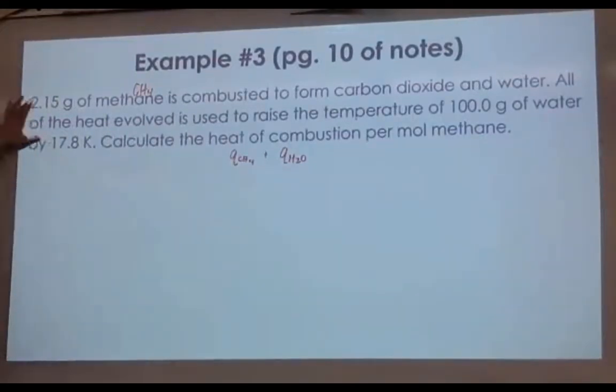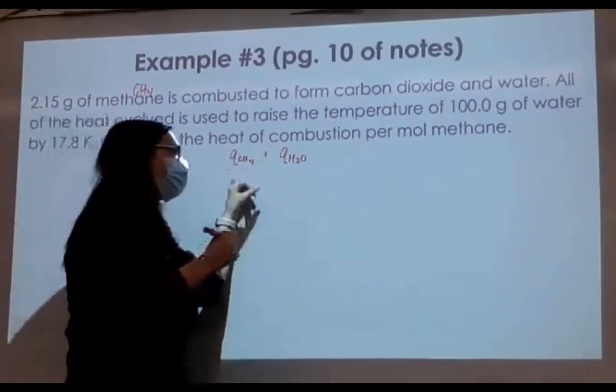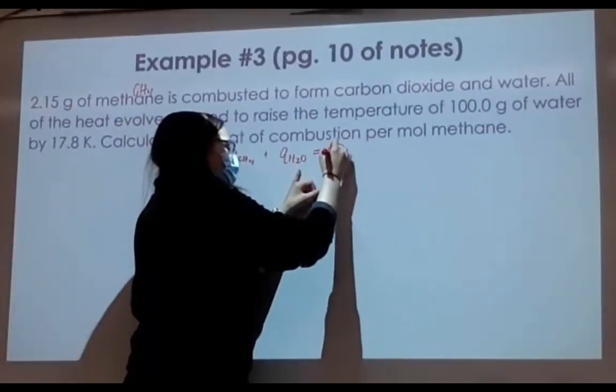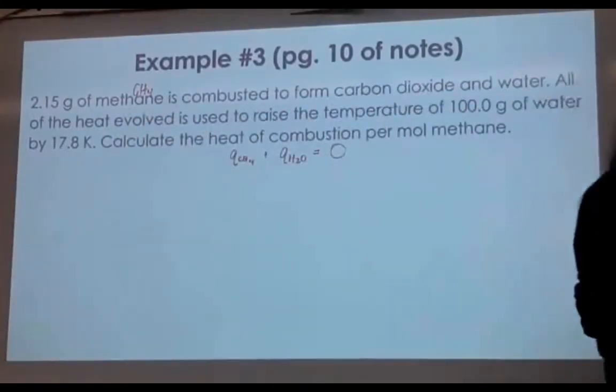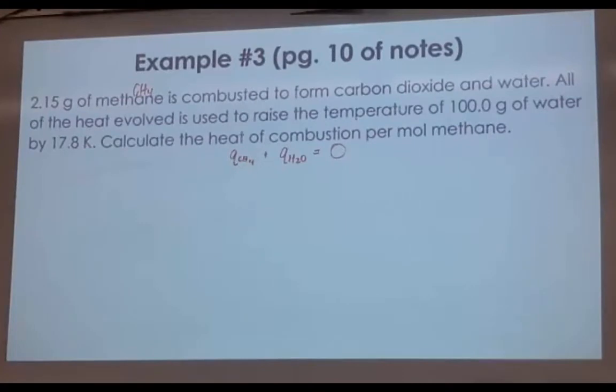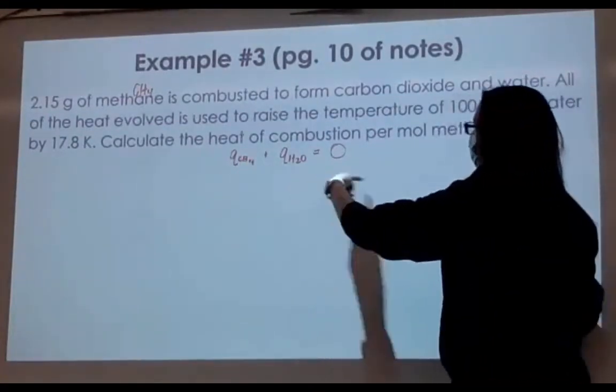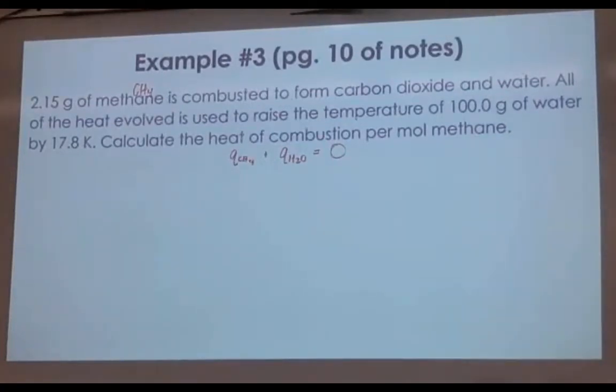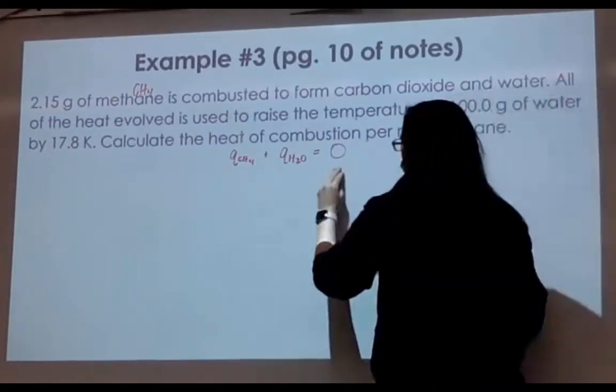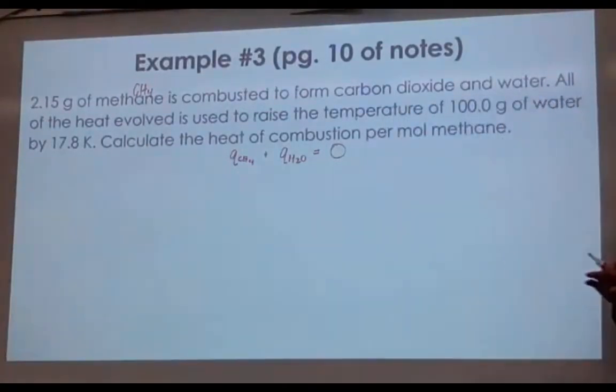I have 2 systems in this problem, so every heat has to add up to equal 0. The first law of thermodynamics says that the heat of methane plus the heat of the water add up to equal 0. So one of them is going to lose heat, one of them is going to absorb heat. Using the first law of thermodynamics helps us so we don't forget negatives anywhere.